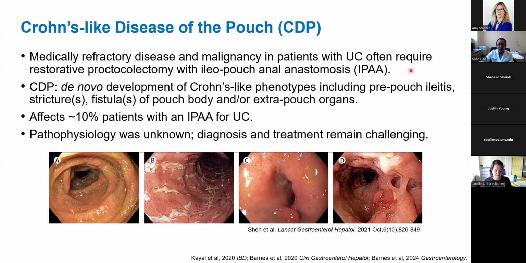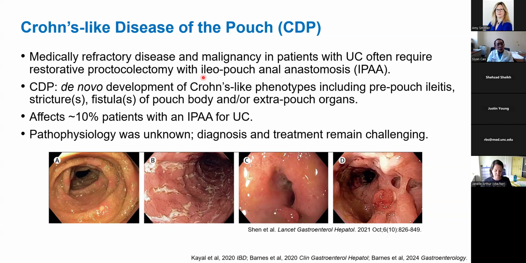As many of us know, for patients with ulcerative colitis who don't respond to medical therapy or develop malignancies, one of the common practices is to perform total colectomy with ileal pouch anal anastomosis, or IPAA, to create a pouch. A lot of those patients develop inflammatory complications after the surgery. The most common one is called pouchitis.